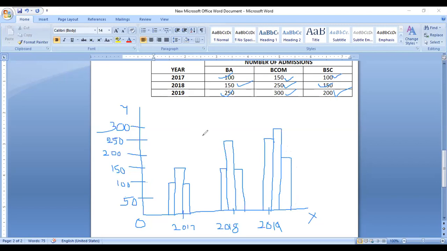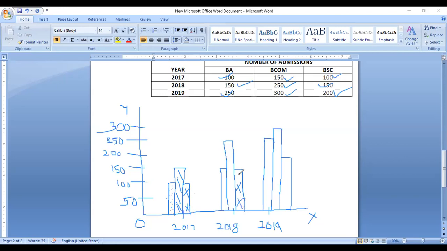So on a single diagram we have shown three different variables. Now in order to distinguish, you can draw certain things to distinguish, it may be dots, it may be lines. So this distinguishes BA from BCom like this. Now this is BSc.